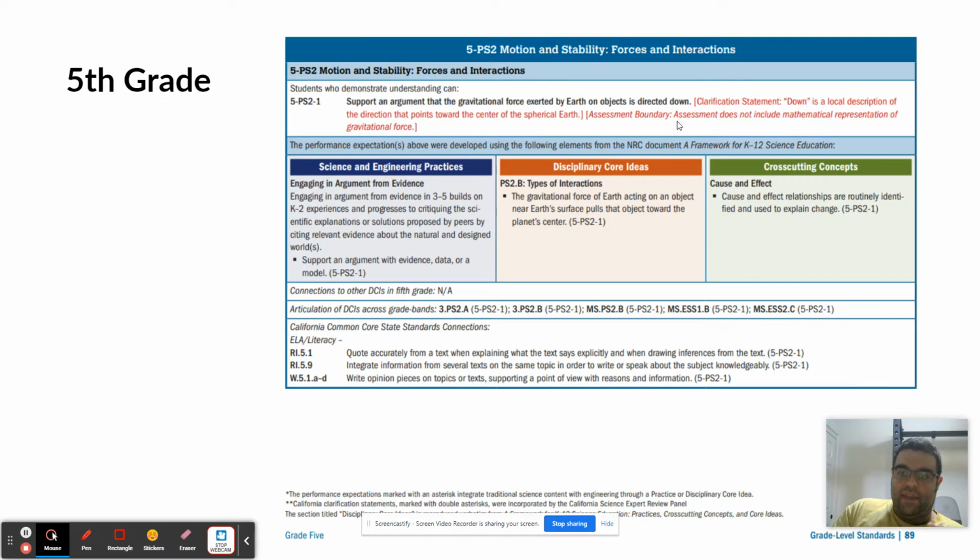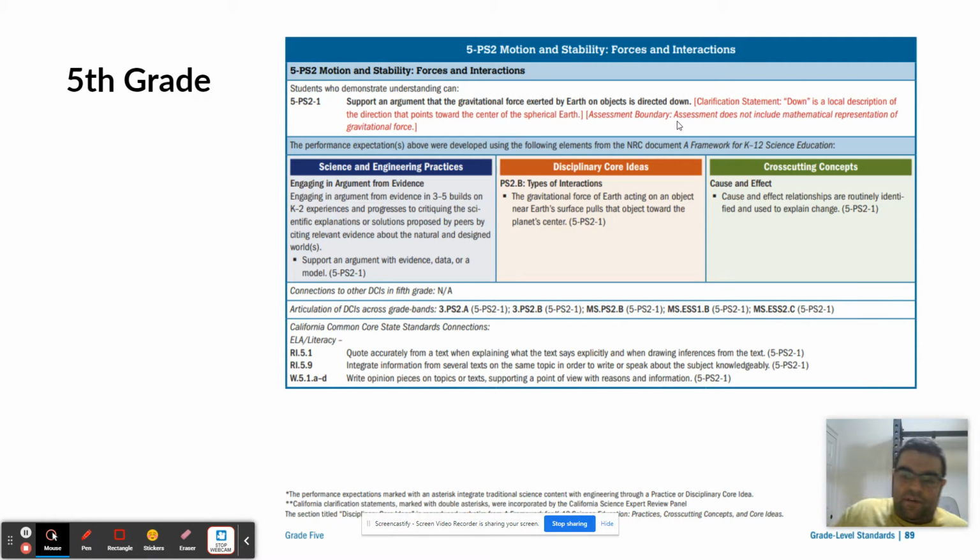Our SEP and our ELA tie very closely together, because the SEP wants students to be able to support their argument with evidence and data, and or model their conclusion. And our ELA is RI 5.1, RI 5.9, and writing 5.1A through D.